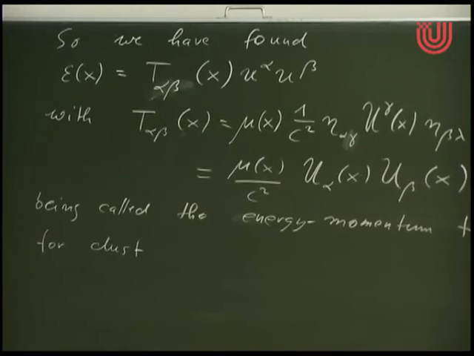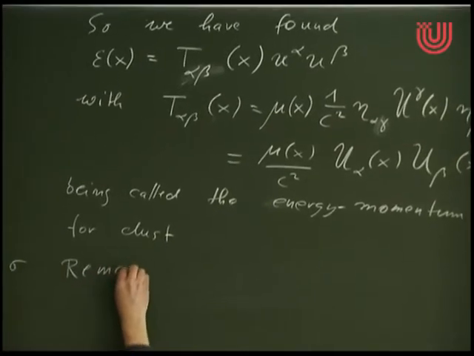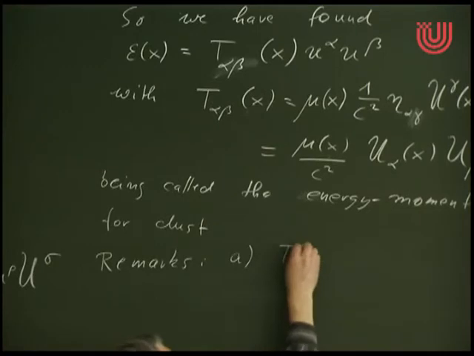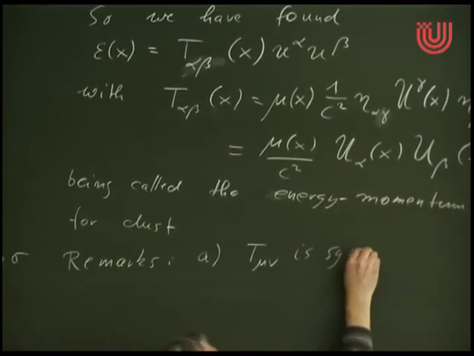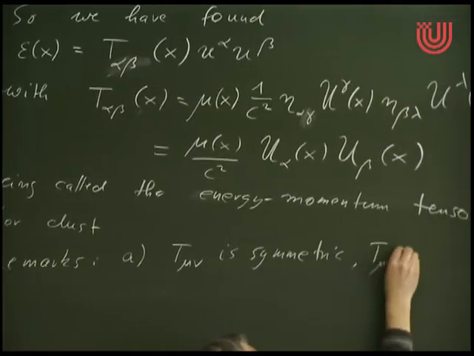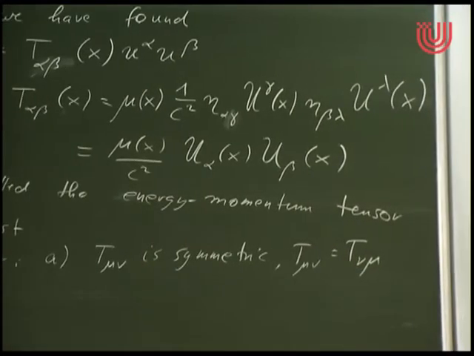Obviously, it is symmetric. Yeah. So two remarks. The first remark is T mu nu is symmetric. By that I mean I get the same thing if I interchange the indices.